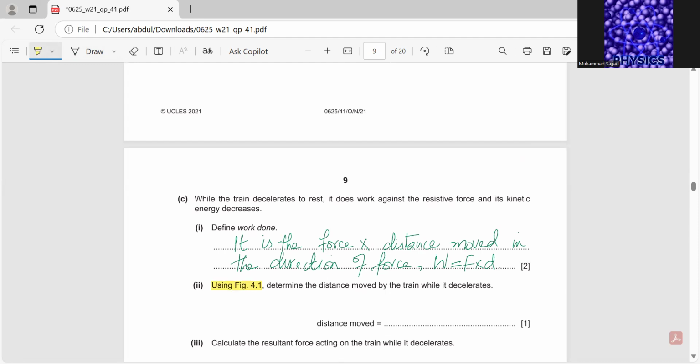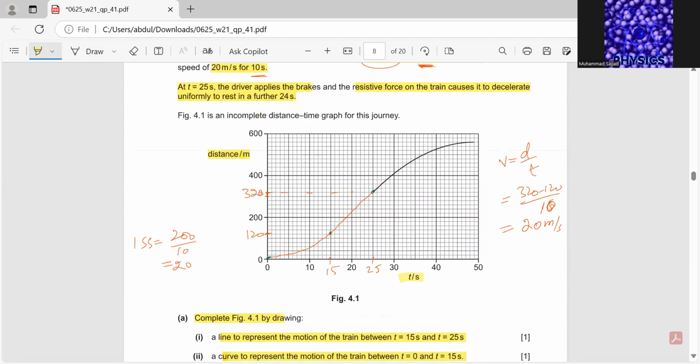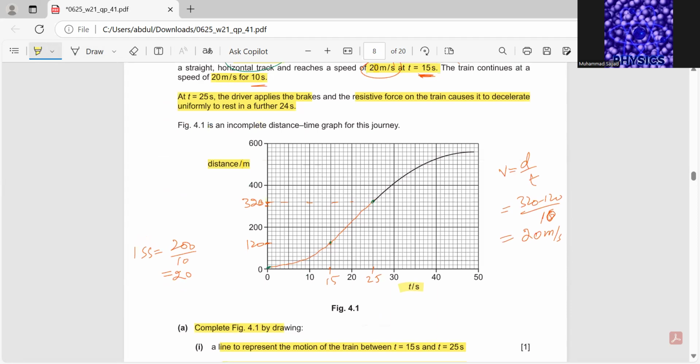Determine the distance moved by the train while it decelerates. While it decelerates, let's go back to the diagram. It starts to decelerate from this till this point. So what is the value here? 300, 320, 40, 60.